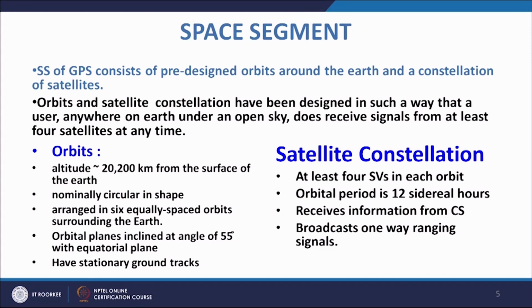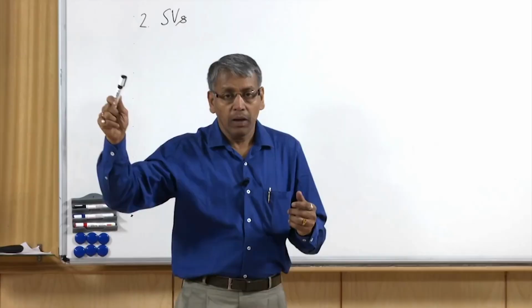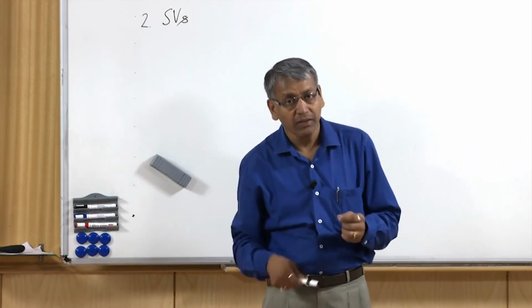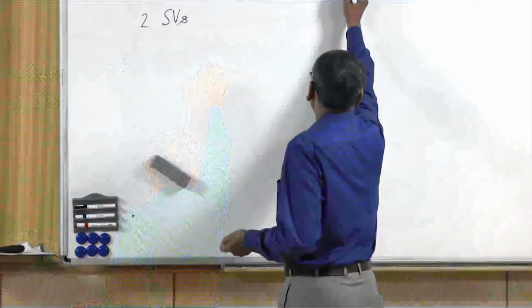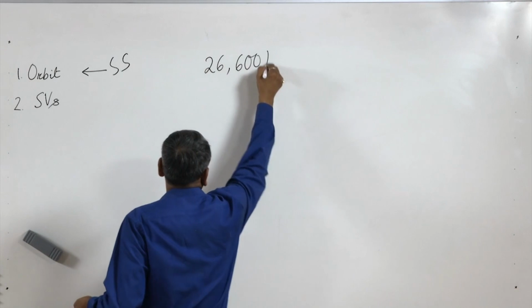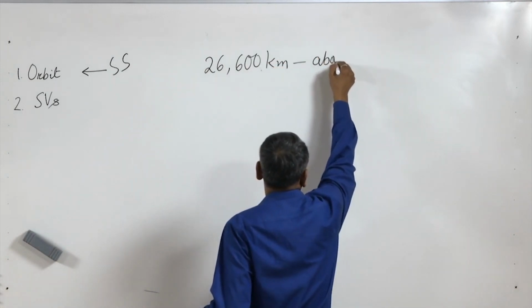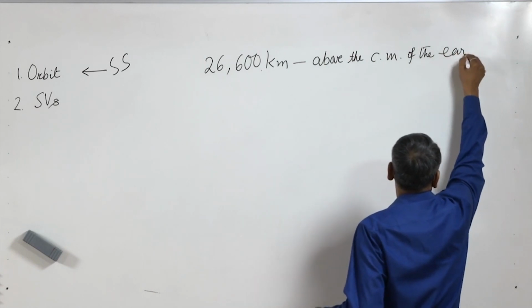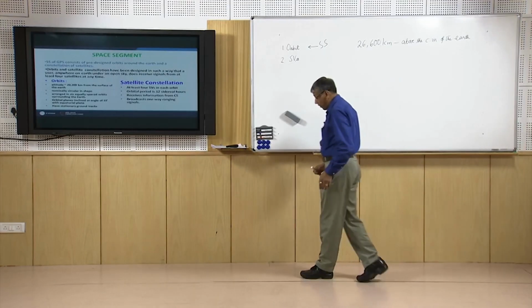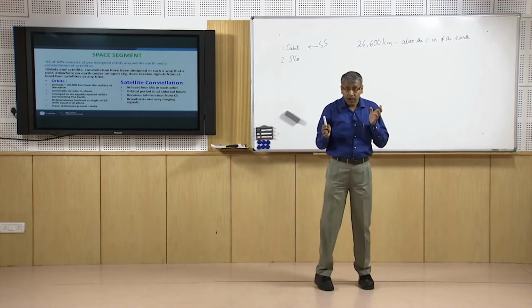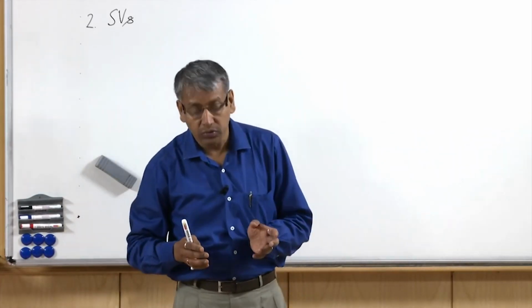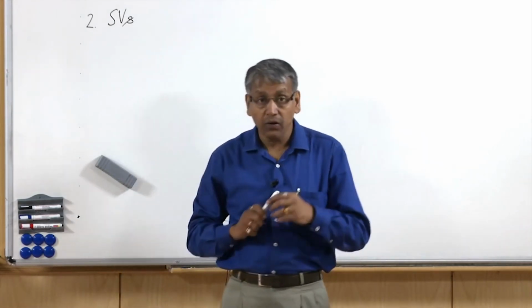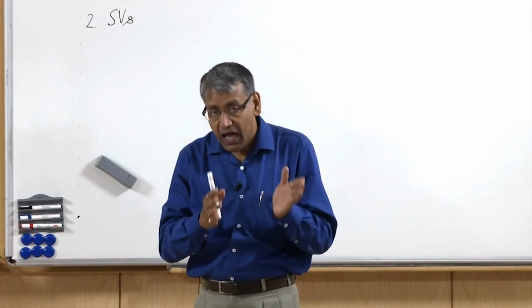Now, the satellite orbits are pre-designed, nominally circular in shape, at approximately 26,600 kilometers above the center of mass of the earth, which is about 20,200 kilometers from the surface of the earth, and they are well spaced.